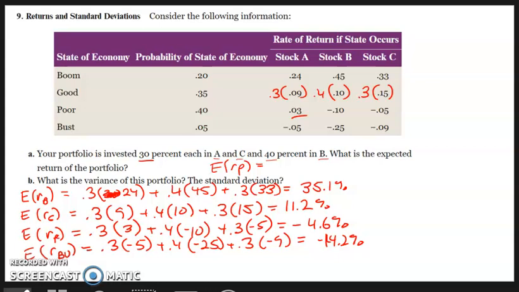We'll use E of Rp, the expected return on the portfolio. So we're going to use the states of the economy now.